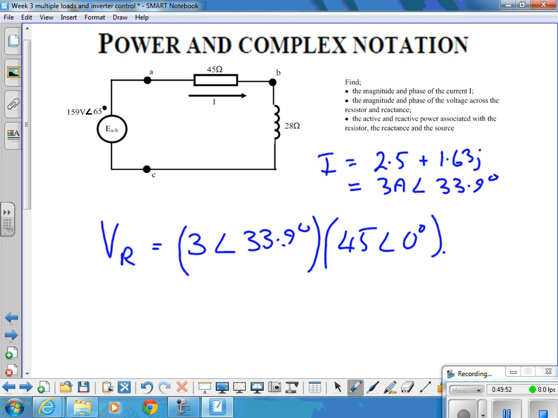So this is polar multiplication now. How do we do that? Multiply the magnitudes, add the angles. So it's 3 times 45, which is 135 volts, angle 33.9 degrees.